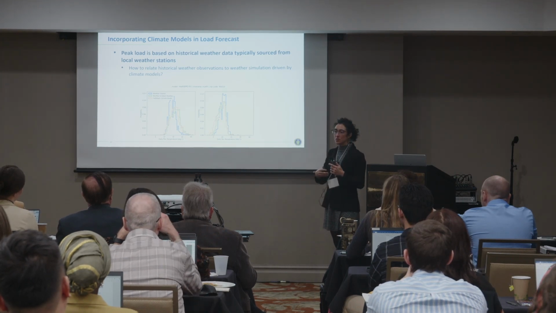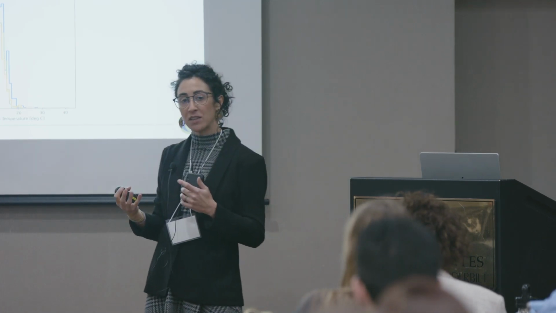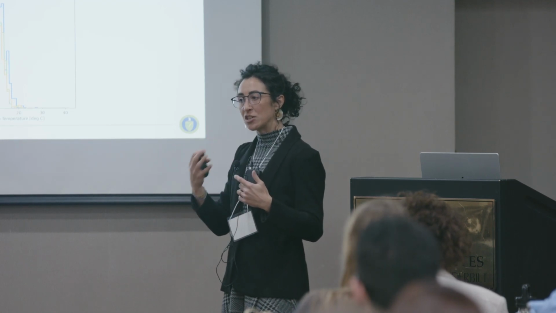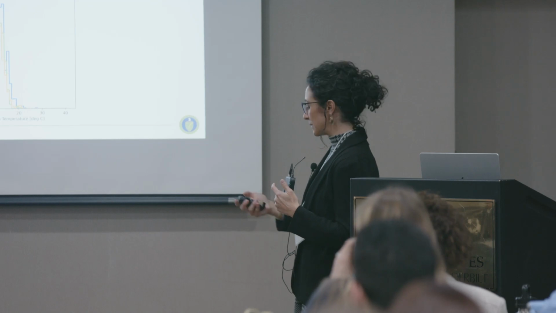And so you need to first adjust your own regression model that you're using to predict that peak, based on the climate data, to adjust for that bias that may come from the different weather data.